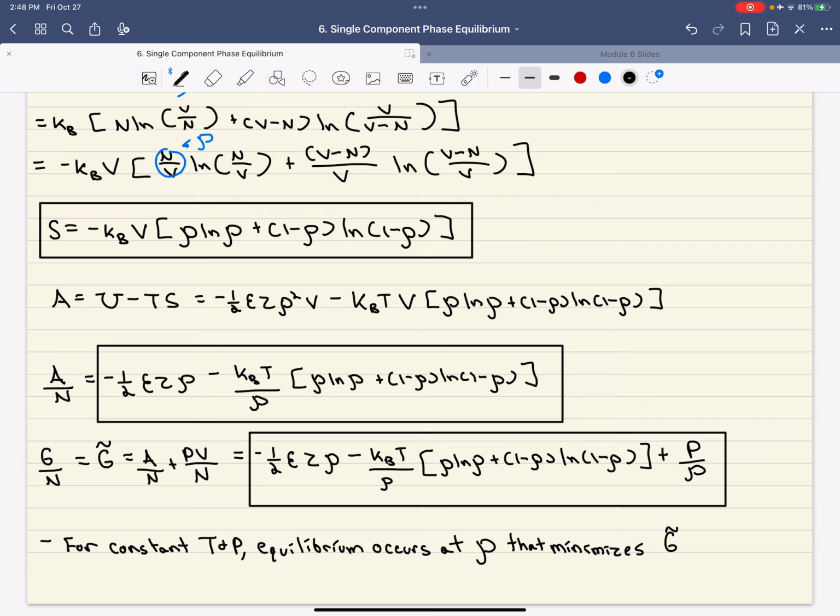To visualize this, we could think about this expression for G molar, and keep our temperature and pressure terms constant. And what we're going to do is vary rho.